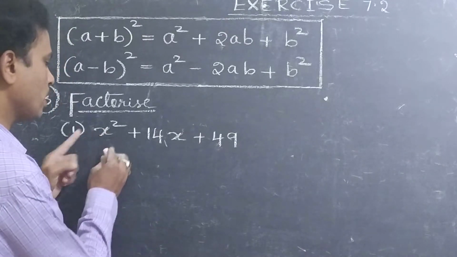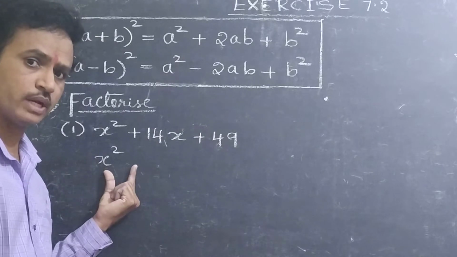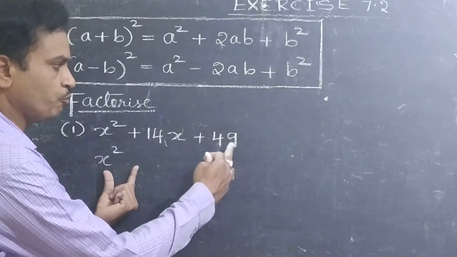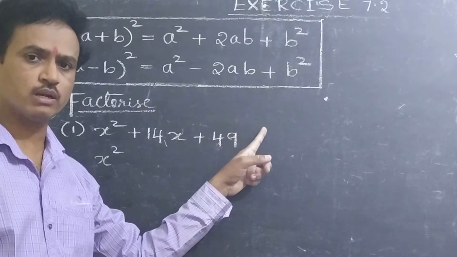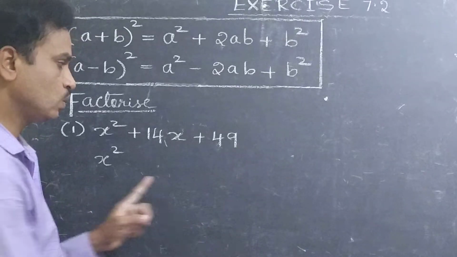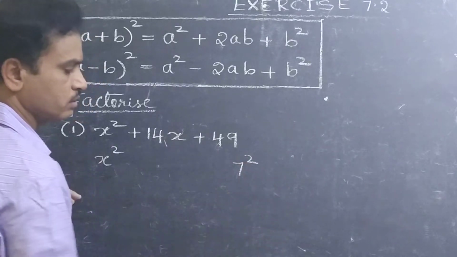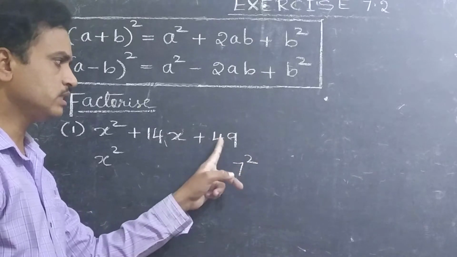Now here x square you should write as it is, the first term as it is. Then the last term 49 can be written as, you know that is a perfect square number, 7 sevens are 49. So the last term we should write 7 square. Okay. 7 square is equal to 49.